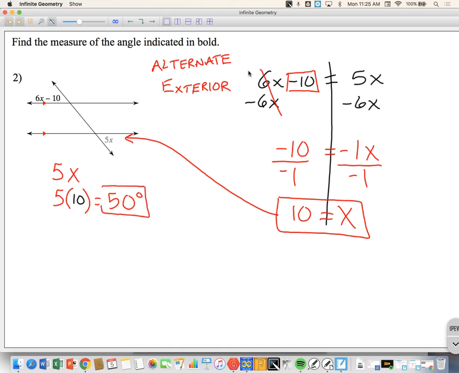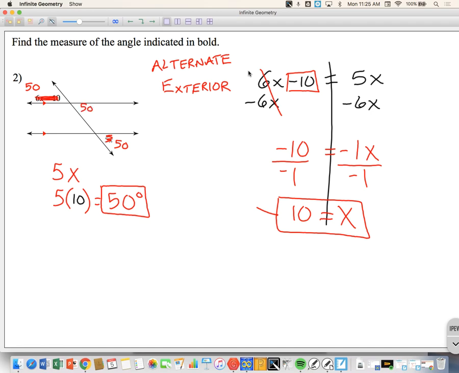And this here is the angle measure for the angles we were working with. This is 50. This here is 50. And we could check this other angle. 6 times 10 is 60. 60 minus 10 is 50.